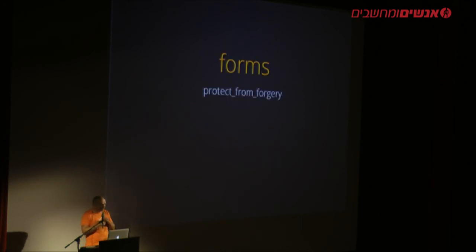Another thing is protect_from_forgery. If you have a page that is cached and it has protect_from_forgery meta parameters inside of it, the parameters might change because the user did re-login, or logged out and logged in back, or the session was changed for any reason, and any form submit from this page will fail.